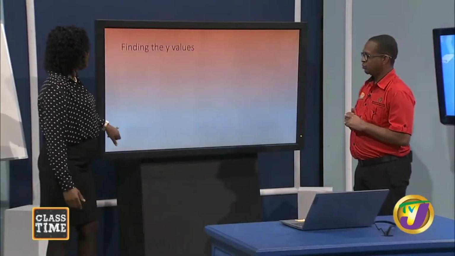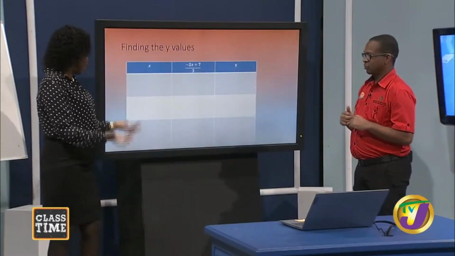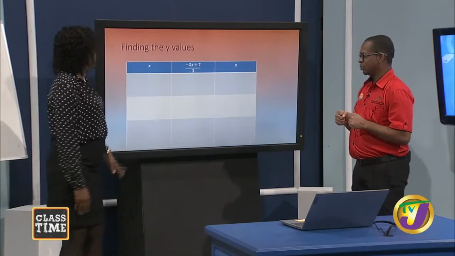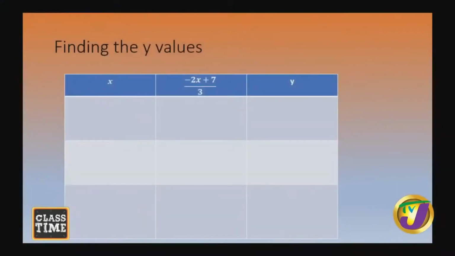Using that equation, again, we can find values and plot graphs. Substituting -3 for x, we have -2 multiplied by -3 plus 7, all divided by 3.